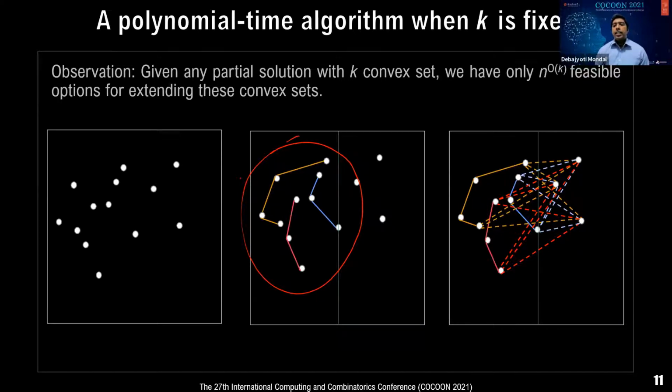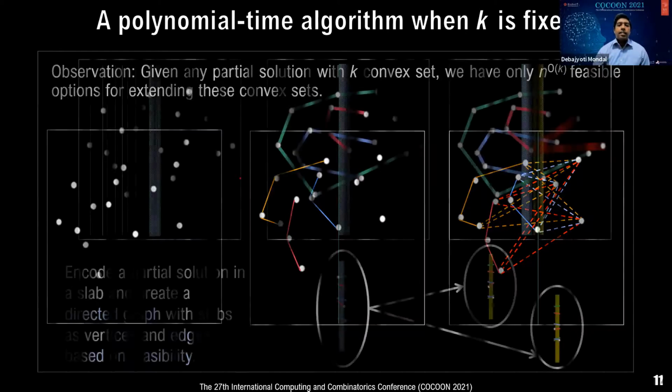Now you can see there are lots of options to include, and we try it out, and this actually helps us to devise a dynamic programming because we have only order of n to the power k feasible options to extend these convex sets. But to do it systematically, we actually rely on a graph.